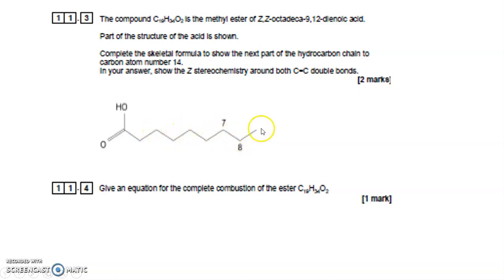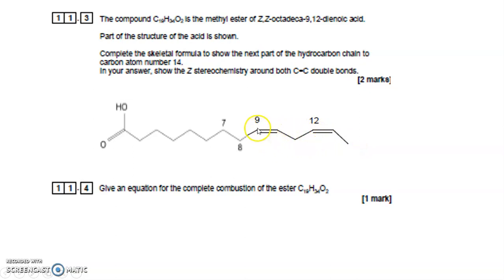Carbon number 9 has got a double bond. Then it'll go 10, 11, 12. 12 will have a double bond. Then there'll be 13 and 14. I've got to make sure that there's ZZ. So there's 8, there's 9 with the double bond, 10, 11, 12 with the double bond, 13, 14. And I've put the double bonds in here.